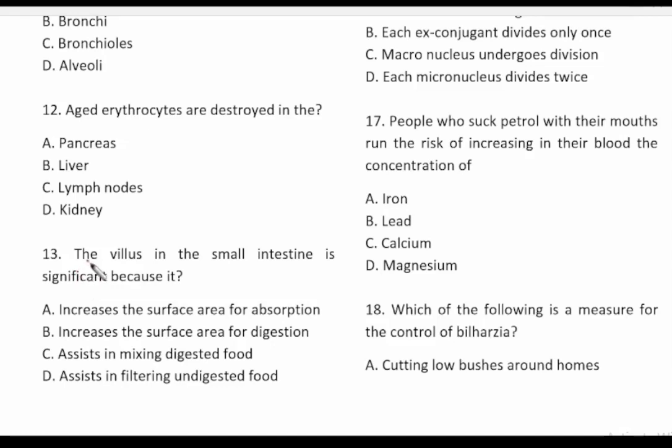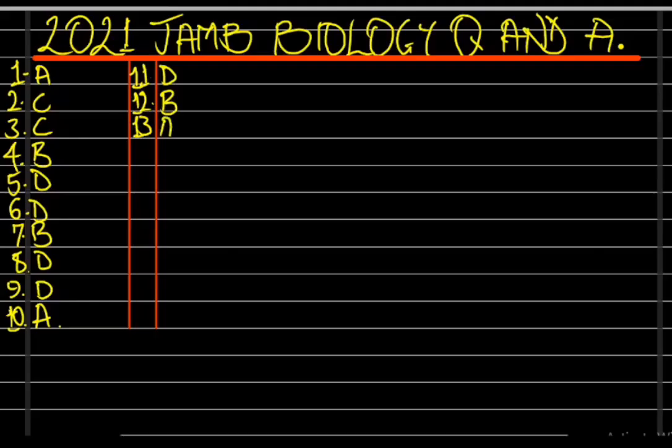Now, why are they very significant? It is because they increase the surface area for absorption. Presence of the villus in the small intestine brings about increase of the surface area for absorption. It is not because it is found in the intestine for digestion, and it does not help in mixing digested food. The answer there is A. It's increasing the surface area for absorption. So that is the answer to question 13, option A.